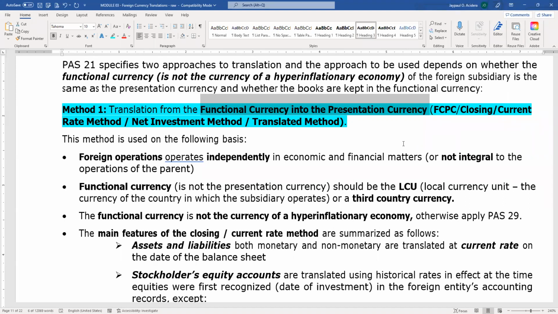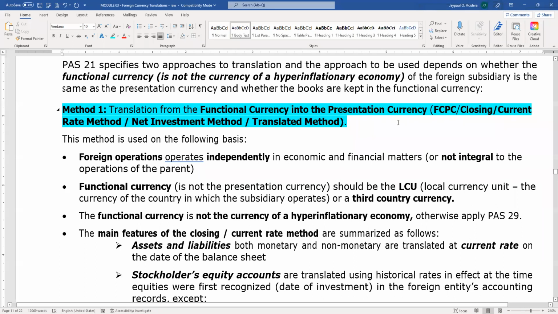So for the first method, we call it FCPC or functional currency into the presentation currency. Sometimes we call it the closing rate method. Sometimes we call it the current rate method. Sometimes net investment method or translated method.